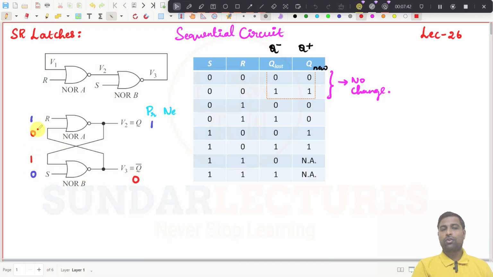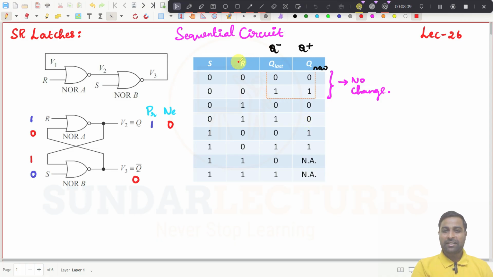If it is 1 0, the NOR gate output will become what now? Become 0. Can you understand? That is what we have written here. If S is equal to 0, R is equal to 1, then present state is 1, the next state is going to 0. So the idea is, whatever the present state it may be, if you give S is equal to 0, R is equal to 1, then the output goes to 0.